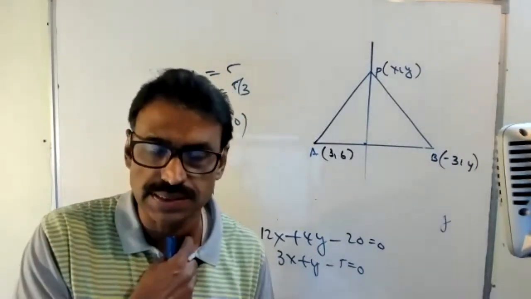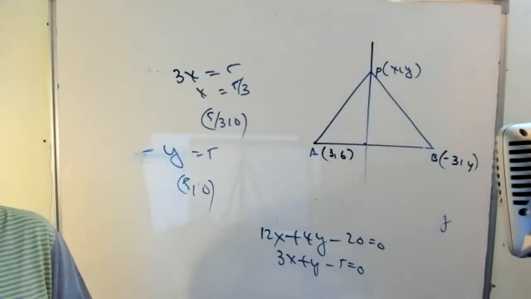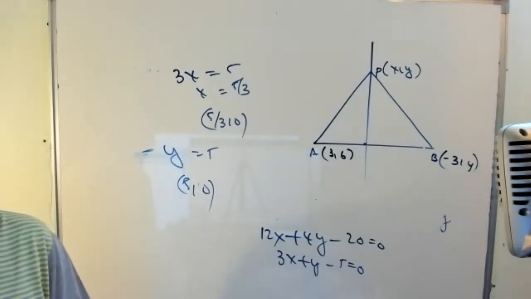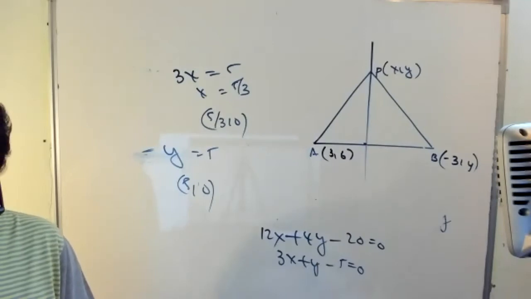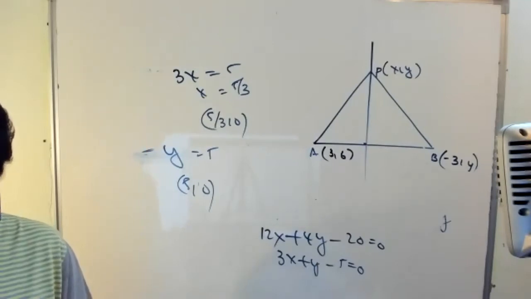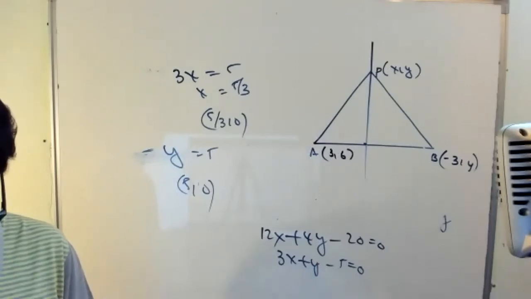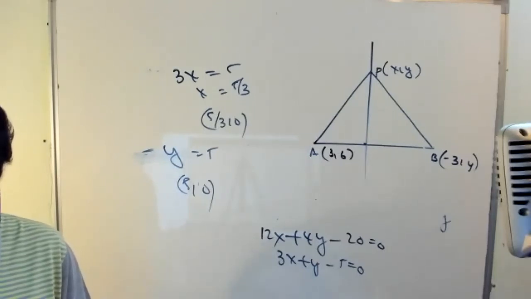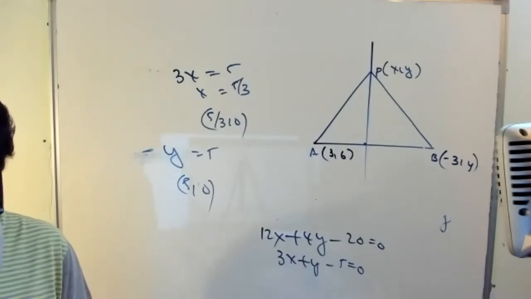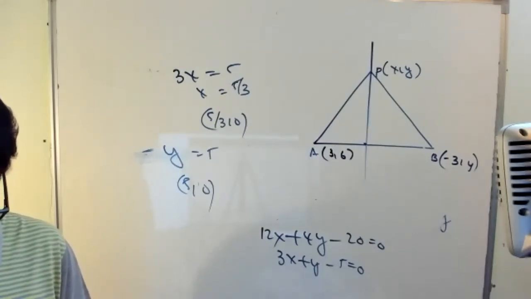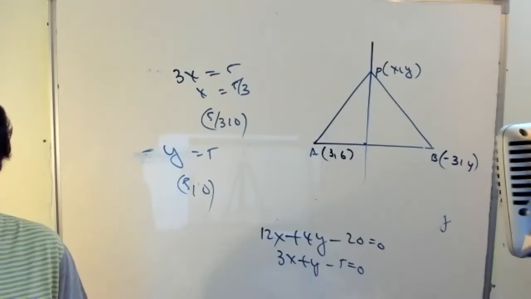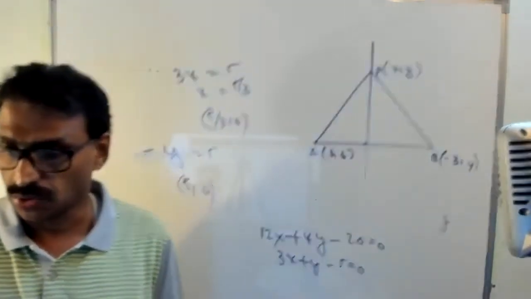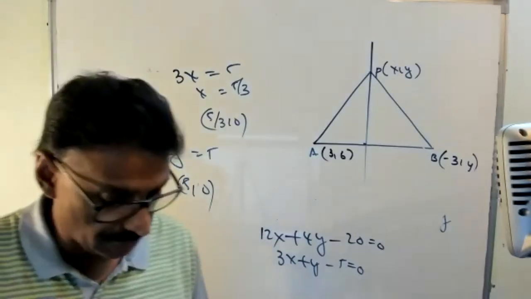When a line intersects the y-axis, the x coordinate is 0. So 0, 5 and 5 by 3, 0.